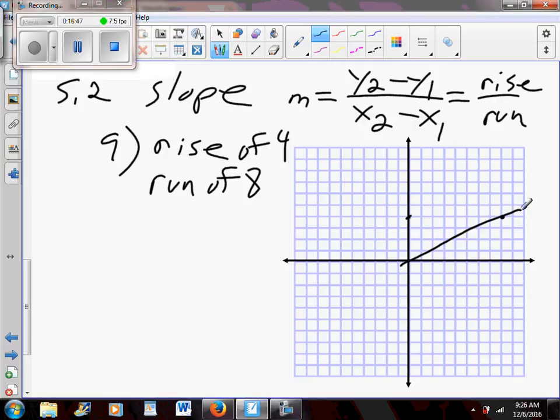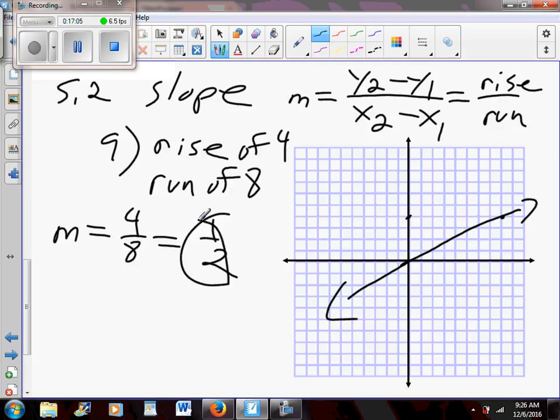Then passing through the origin, this would be an example of what a line would look like that would have that rise over the run. What is the slope? The slope, remember, we defined it as rise over run. So what does that mean? 4 over 8, which reduces to what number? 1/2. Correct. Okay? Good. Remember that?